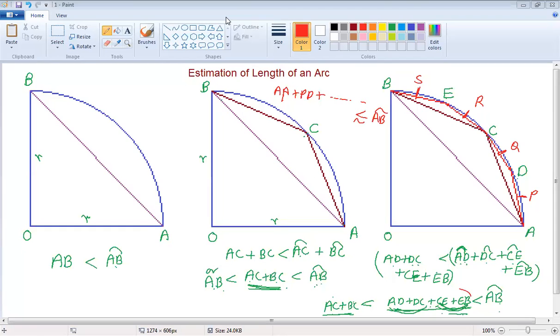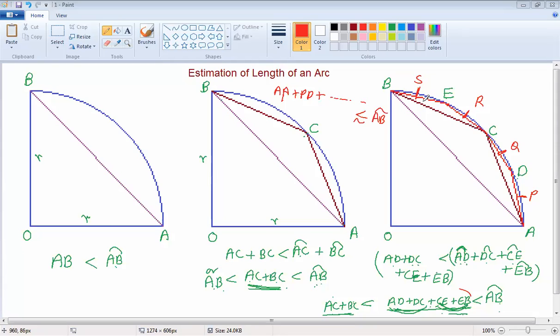From the picture you can see we have done just 4 parts and there is not much difference between the sum of these 4 straight distances and the arc length. If we do 8 parts, the difference between the sum of the 8 distances and the actual arc length AB will be so small that it may not be visible to the eye.